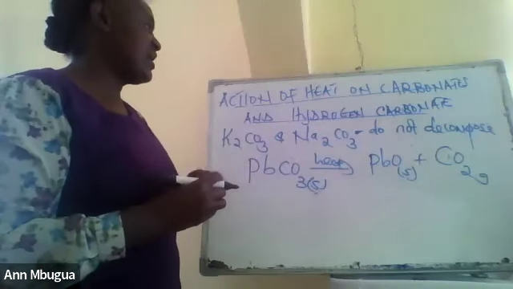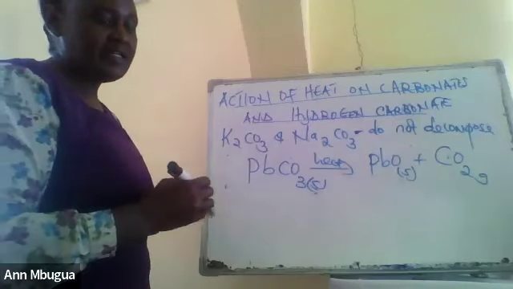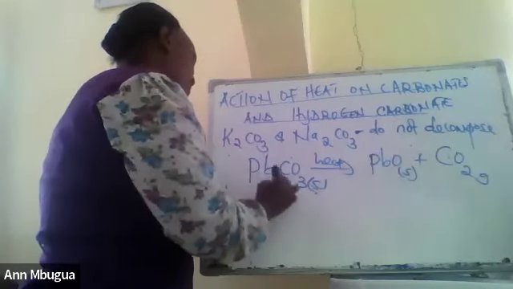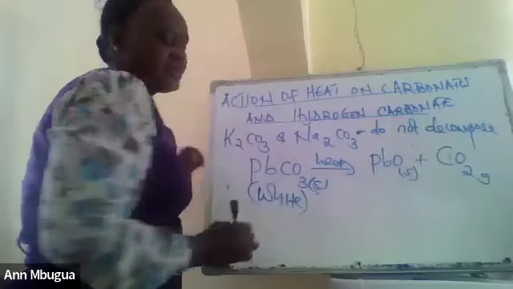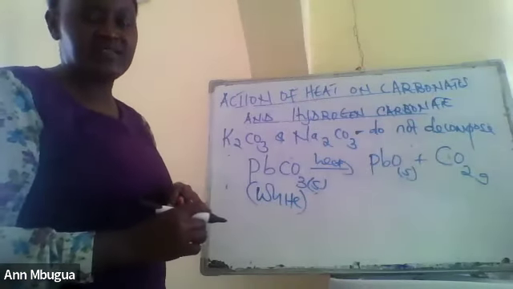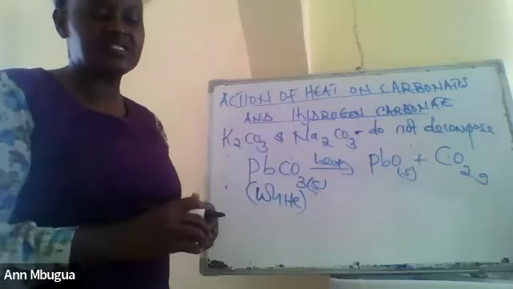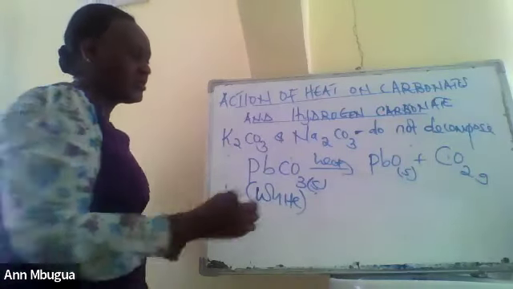This one is also accompanied with color changes. The lead 2 carbonate is white. The lead 2 oxide color depends on whether it is hot or cold.